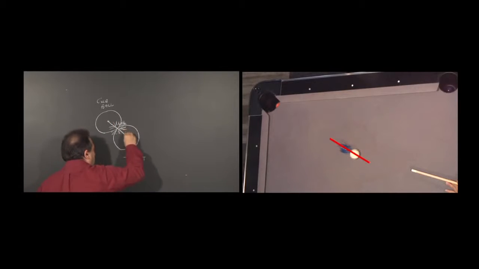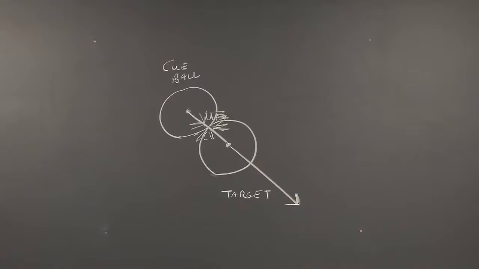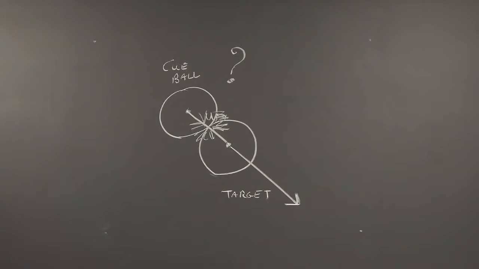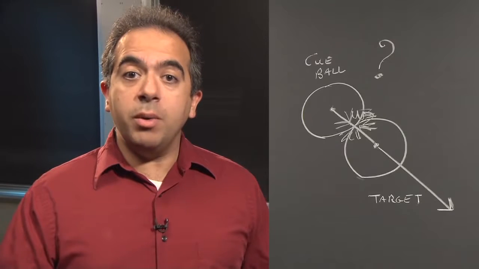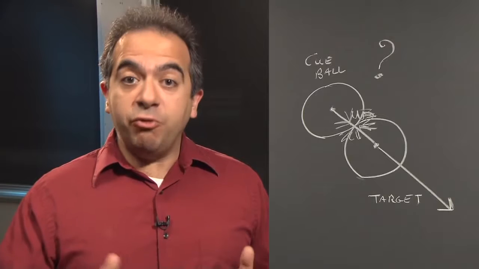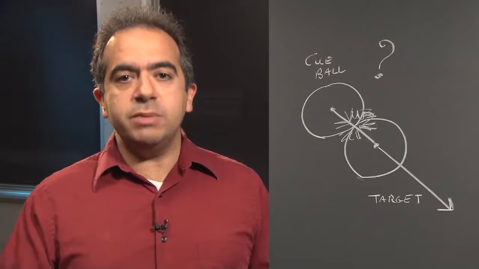Let's draw a line between the centers of one billiard ball to the other. The direction in which the second billiard ball is going to travel is going to be pointed along this direction. And in order to conserve linear momentum, what has to happen? Where does the second ball need to go? It helps to remember that conservation of linear momentum involves velocities, so directions matter.